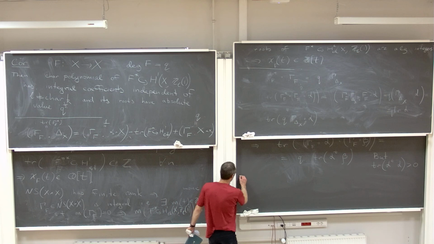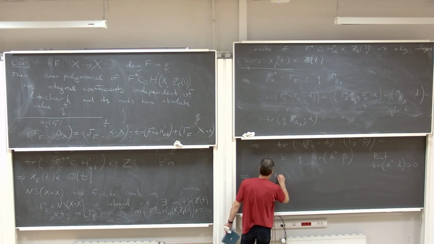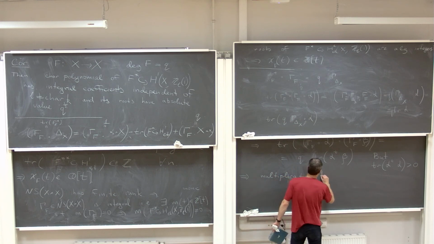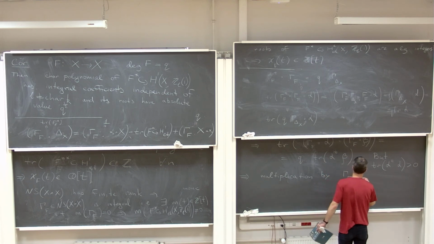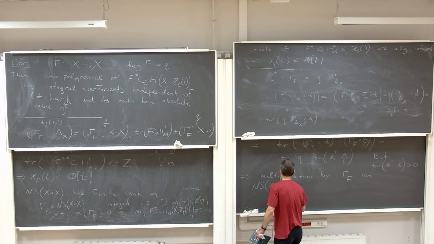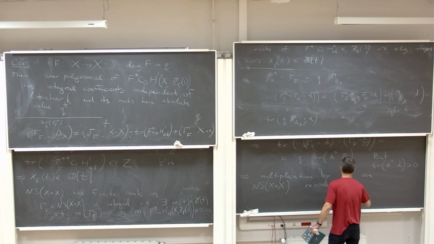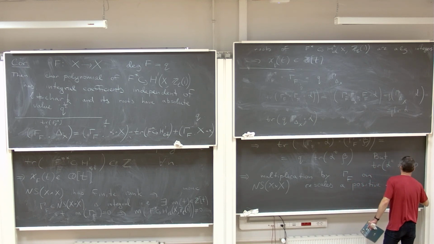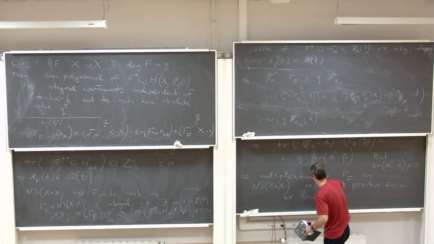Okay, so the conclusion is that multiplication by gamma f on the Néron-Severi group rescales a positive form by a factor of q.